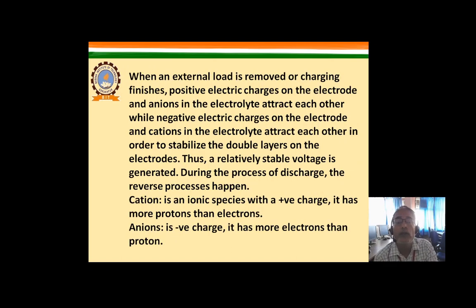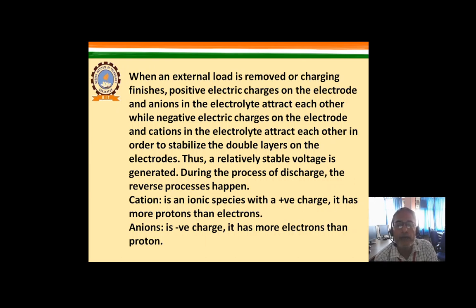When an external load is removed or charging finishes, positive electric charges on the electrode and anions in the electrolyte attract each other, while negative electric charges on the electrode and cations in the electrolyte attract each other in order to stabilize the double layers on the electrodes.